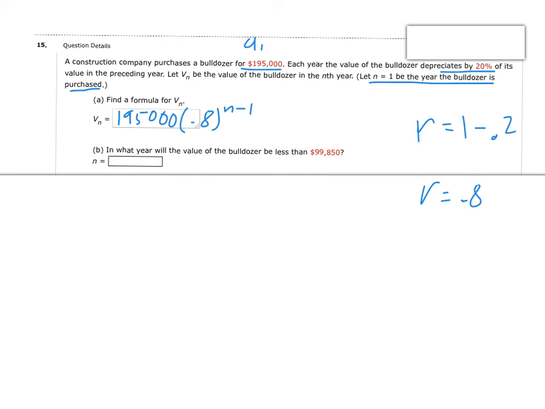A couple ways we could do part B of this. We could take our formula and plug that in, but we're going to have to use logs if we do that, so I think what I would do is just start plugging in some numbers and seeing what happens. And I'm just going to do that in my calculator. So let's find a sub 2. It's actually v sub 2, but I don't really care.